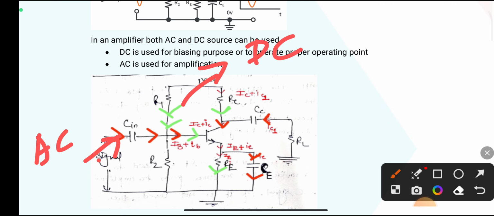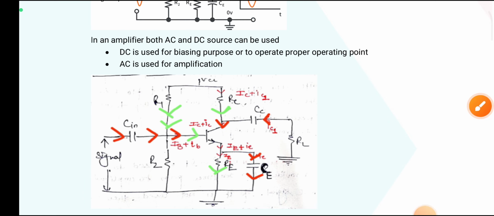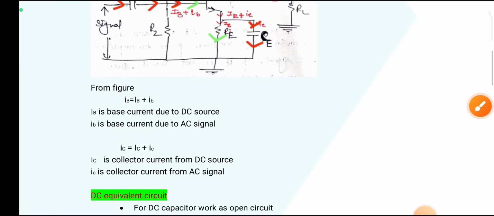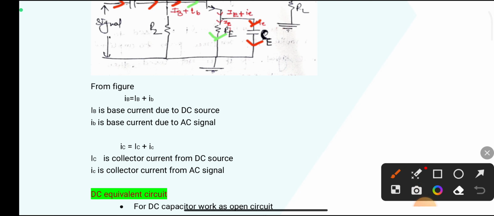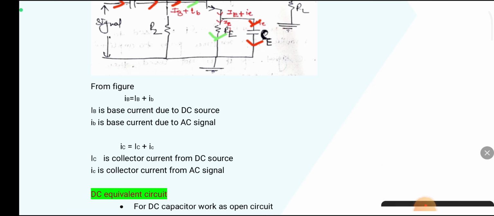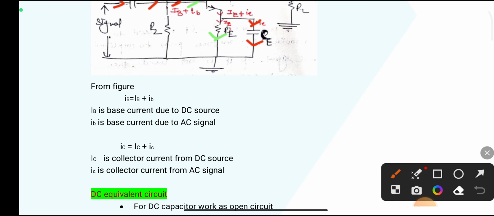From this figure we can write the total current passing through the base junction: iB is equal to capital IB plus small letter ib. Here iB is the total base current, this one is the DC current and this one is the AC current.